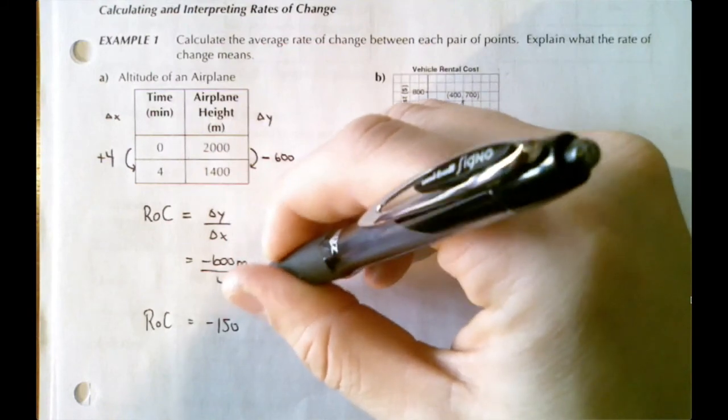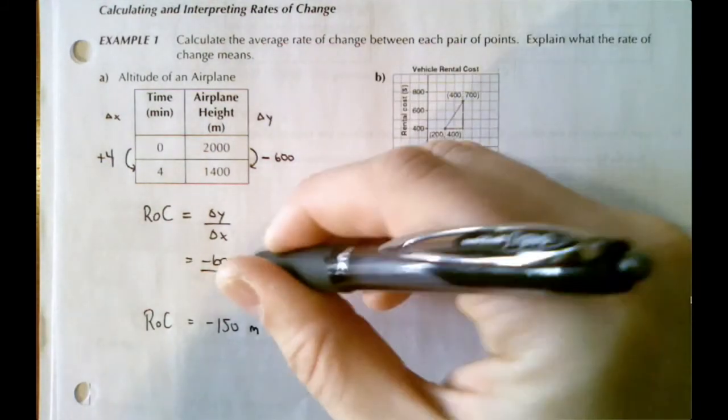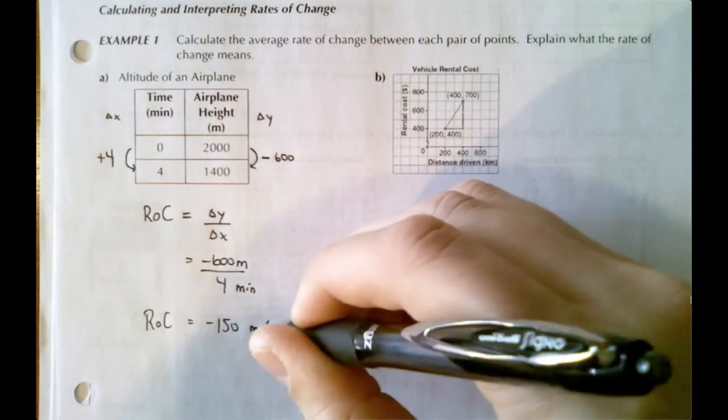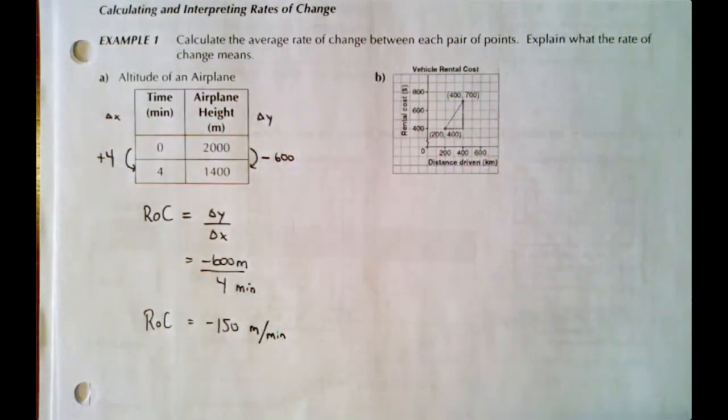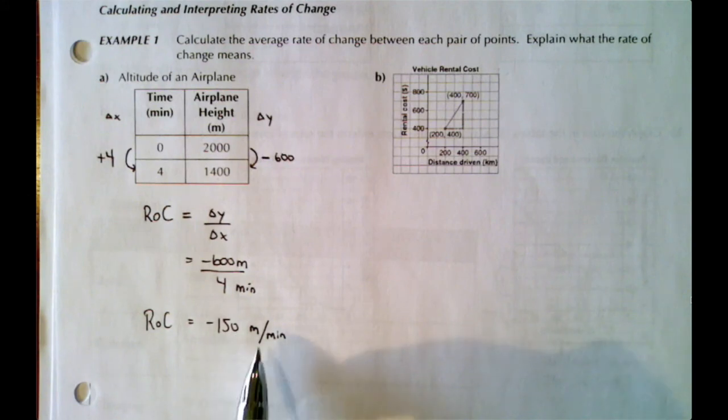We got minutes. And now our units are just meters per minute. And now it gives the rate of change a little bit more context. What's happening to the airplane? It's going down 150 meters per minute. And that's how we describe what a rate of change means. We put our units on it.